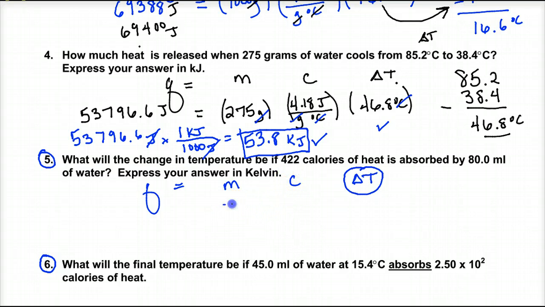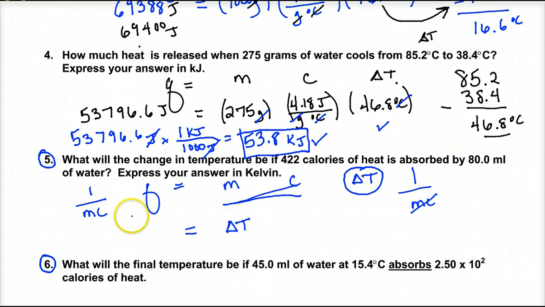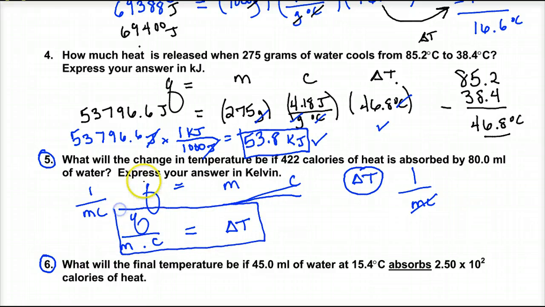I would multiply both sides by 1 over MC, so these cancel. What this gives me is change in temperature equals Q, heat, over mass times specific heat. By solving for change in temperature, all I'm going to do is plug things in and solve for that. And you're going to do that for number 6 too.